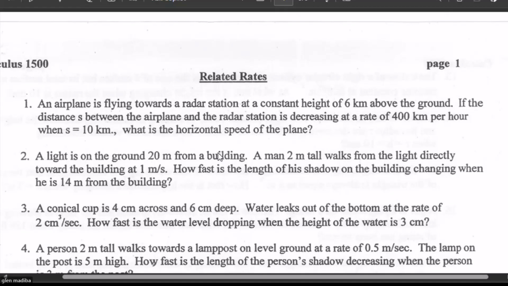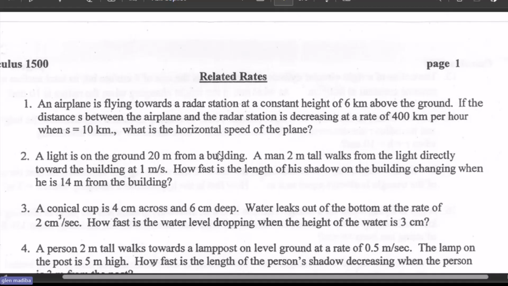Isn't it then the shadow as it grows on the wall, wouldn't it be the y then? Yes. But the rate at which y is changing, that means dy over dt. Do we agree on that one? Yes, sir. The length of his shadow is y.